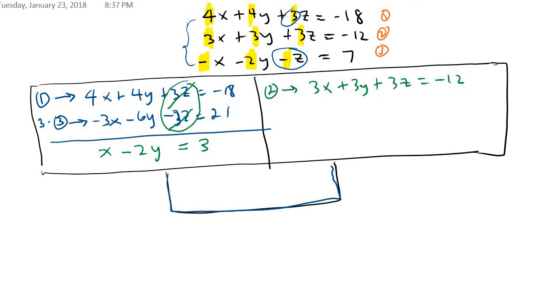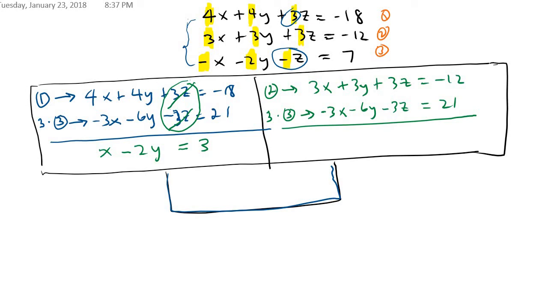And then multiply equation 3 by 3 again. So we already have that. 3 times equation 3. We just copy over what we already had. So negative 3x minus 6y minus 3z equals 21. So now we can just go ahead and add this.